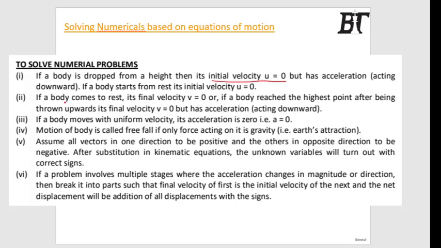And if it is given that a body comes to rest finally, मतलब उसका final velocity 0 लेना है. If it is said that a body moves with uniform velocity, तो यूनिफॉर्म वेलोसिटी क्या कि मतलब वेलोसिटी कांस्टेंट है. वेलोसिटी कांस्टेंट है तो चेंज नहीं हो रही है, मतलब एक्सेलरेशन 0 है, बिकॉज एक्सेलरेशन इज रेट ऑफ चेंज ऑफ वेलोसिटी. सो इफ अ बॉडी मूव्स विद यूनिफॉर्म वेलोसिटी, देन इट्स एक्सेलरेशन इज 0.